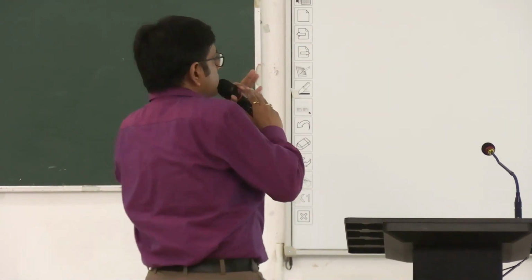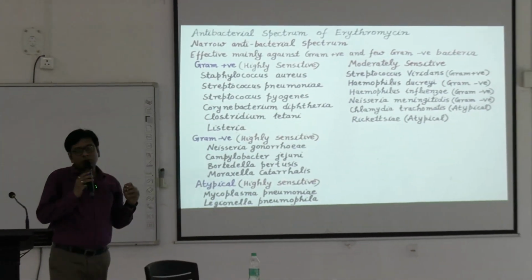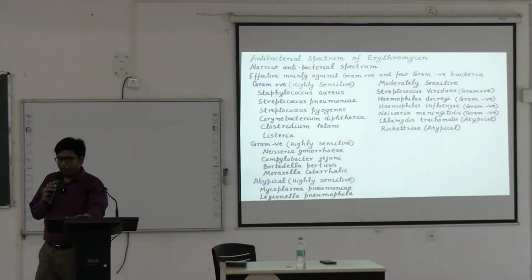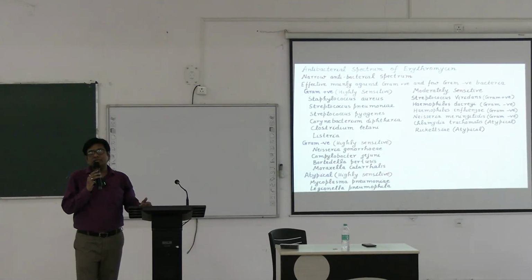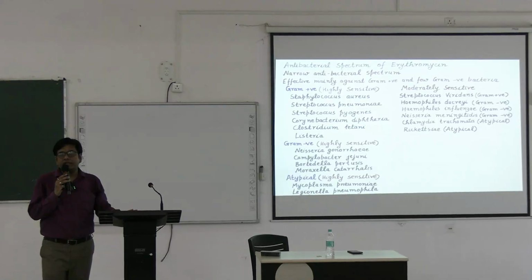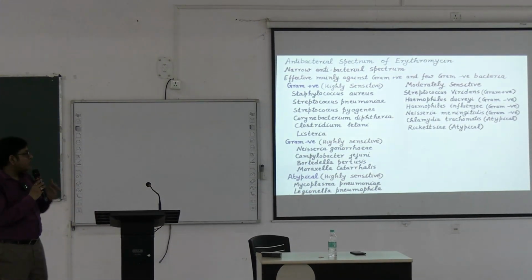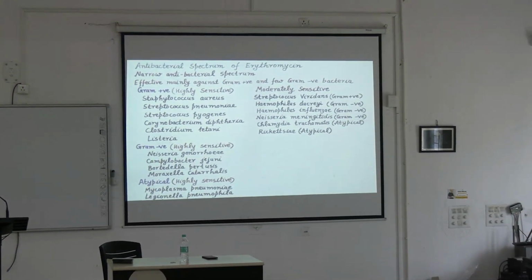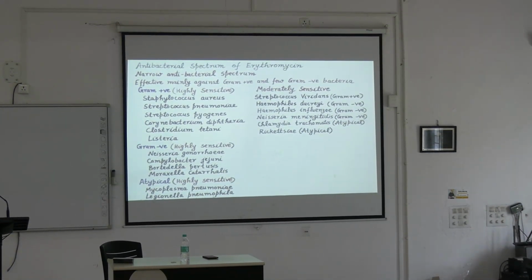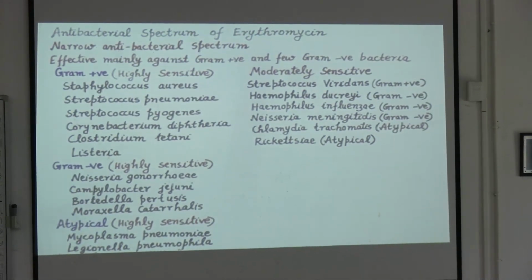Now, activity of erythromycin. In the beginning I told you that like penicillin, erythromycin is mostly effective against which bacteria? Gram positive. So most of the important gram positive bacteria that cause infections in humans are all sensitive to erythromycin.